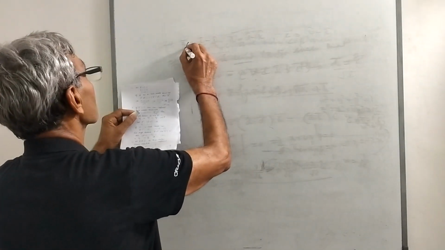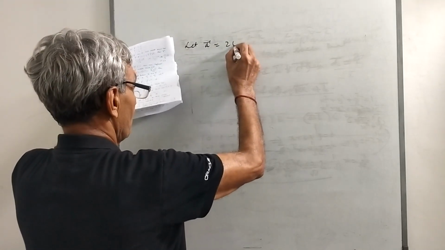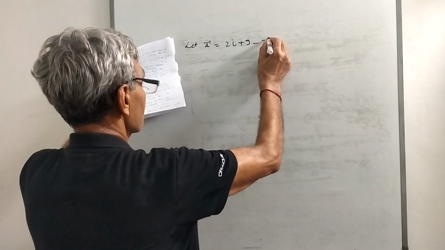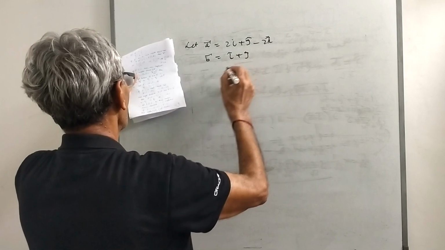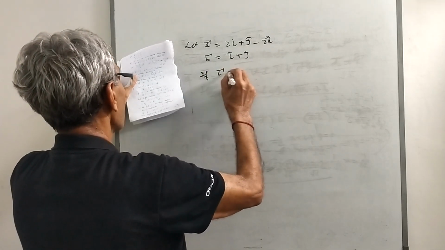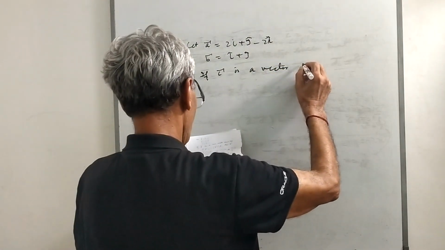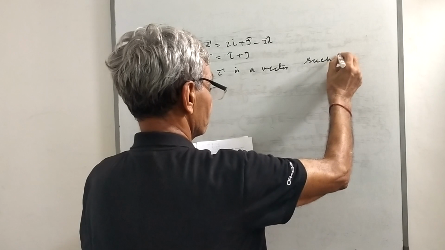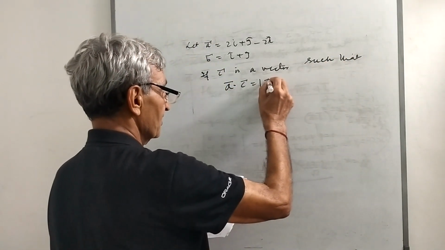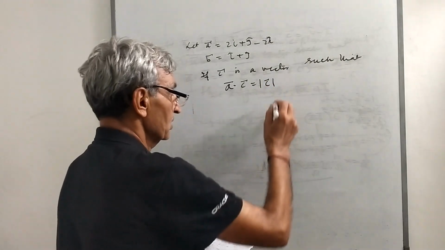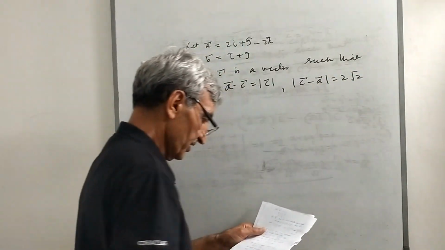Let A is equal to 2i plus j minus 2k and B is equal to i plus j. If C is a vector such that, number 1, A dot C is equal to magnitude of C, and number 2, modulus of C minus A is equal to 2 into under root 2.